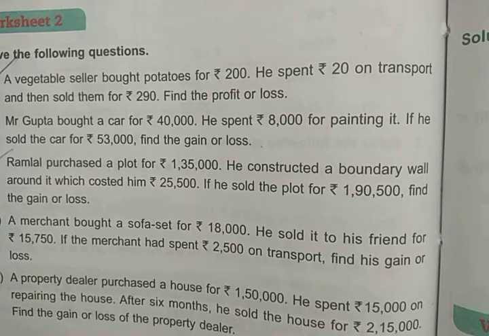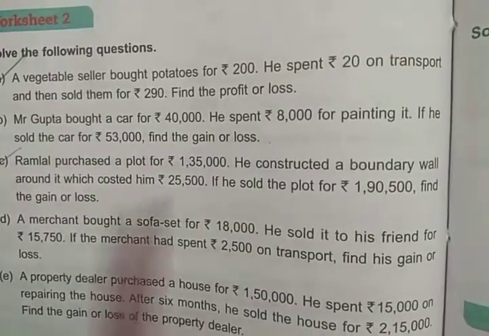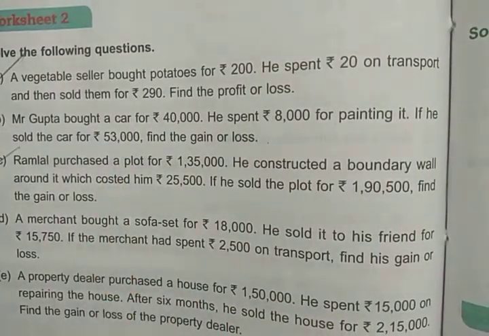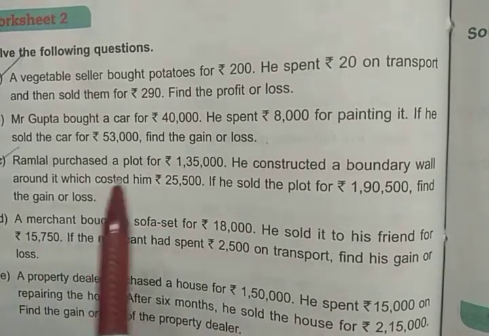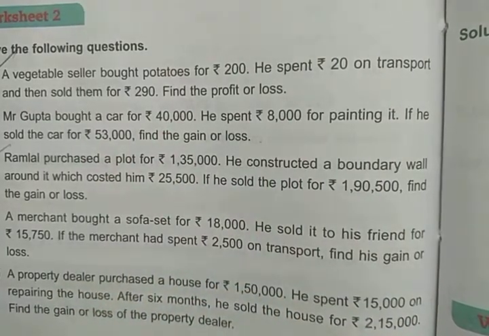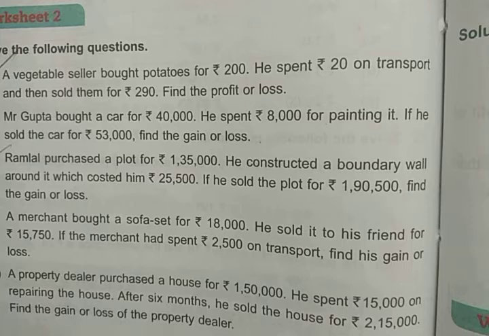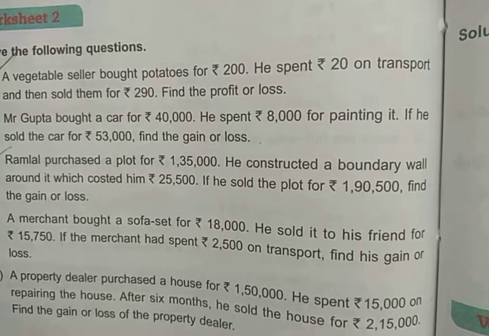So जो पेंट किया कार को वो मनी भी तो उन्होंने अपने पास से ही पॉकेट से ही दिया है. So that will also get added in the cost price. After adding it we get the actual cost price. So जब भी हम कोई चीज परचेज करते हैं जो हमें कॉस्ट प्राइस दिया होता है उसके ऊपर अगर और भी कोई मनी स्पेंड होता है उसको ट्रांसपोर्टेशन में किसी और पर्पज में, सो दैट ऑल्सो इंक्लूड इन द कॉस्ट प्राइस.